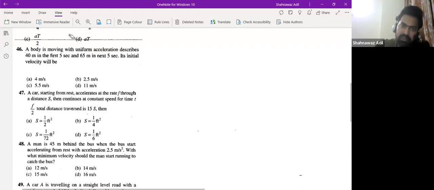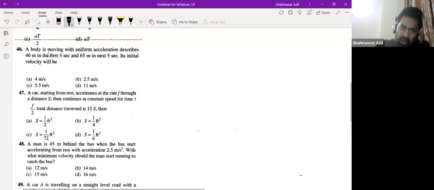A body is moving with uniform acceleration, describes 40 meters in the first 5 seconds. So we have this first journey. This is 40 meters and the time is 5 seconds.